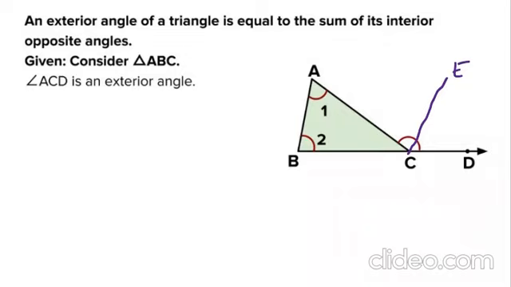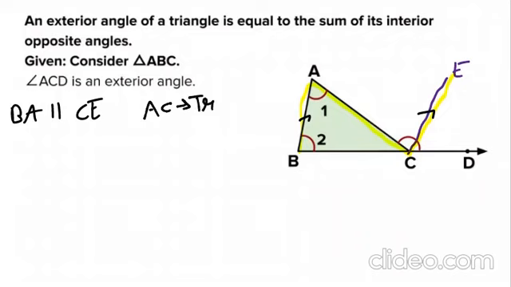Now, look carefully. How do we prove it? Given that BA is parallel to CE, correct? BA and CE are parallel to each other, correct? And if you look carefully, it is forming a Z. So that means AC is the transversal of the two lines.